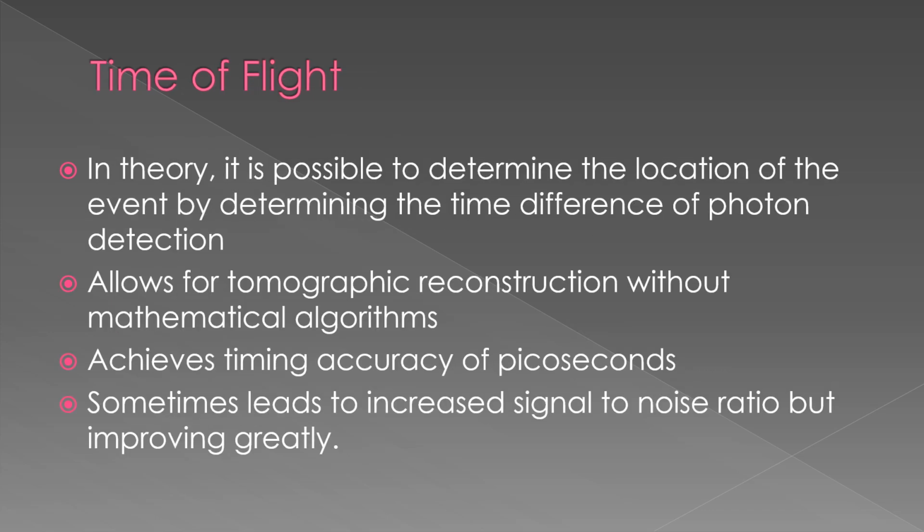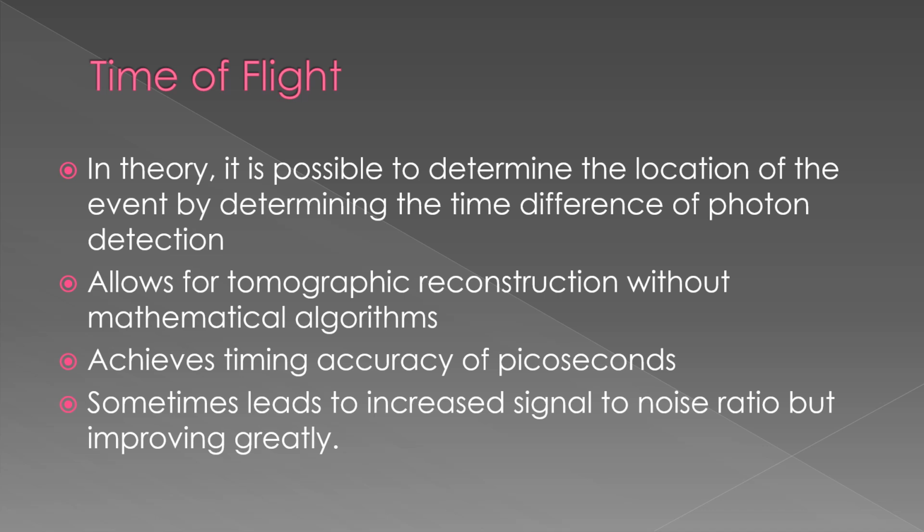Time of flight is an important concept to keep in mind with PET imaging. In theory, it is possible to determine the localization or the location of the event by determining the time distance between the photons. So we're looking at the location of the annihilation event, not the location of the positron.